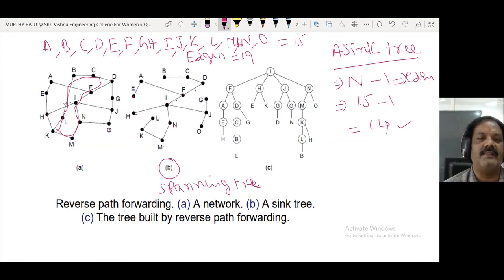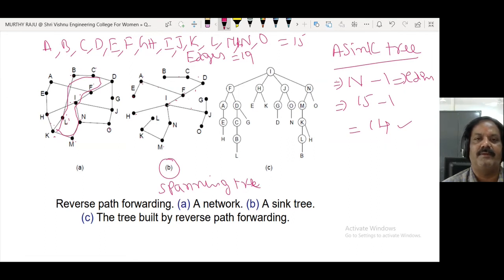In the third one, the nodes included in the third loop are L, K, M, N, I, F, C, D. This is the third loop. The spanning tree does not contain any loop. If you break any one edge here, LBH is removed.